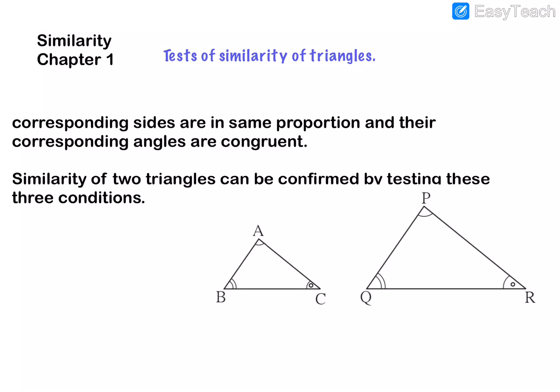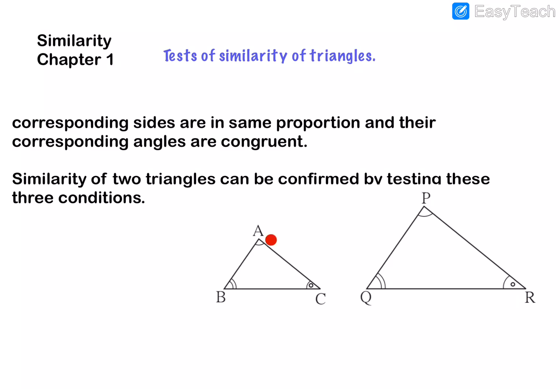So how can we say two triangles are similar? For similarity of two triangles, the necessary condition is that their corresponding sides are in the same proportion and their corresponding angles are congruent. In this image you can see two triangles ABC and PQR.